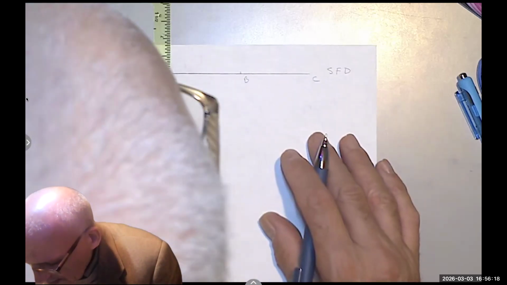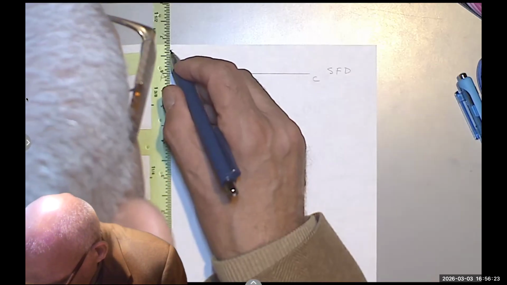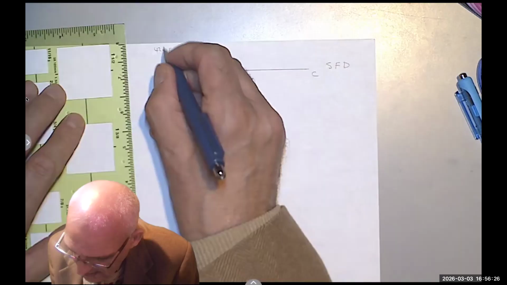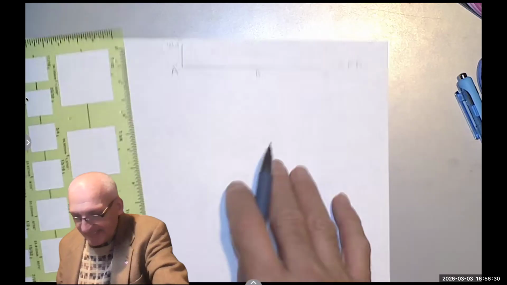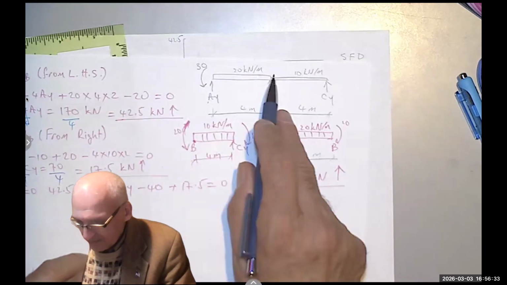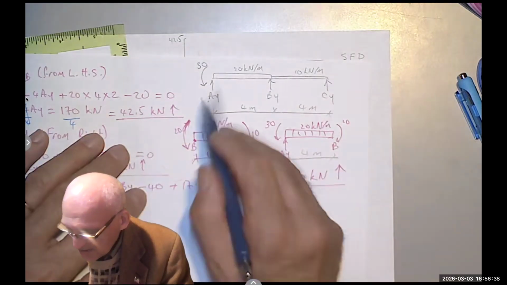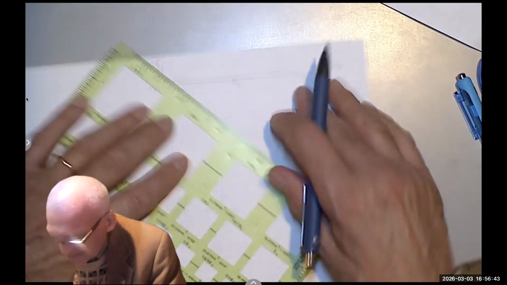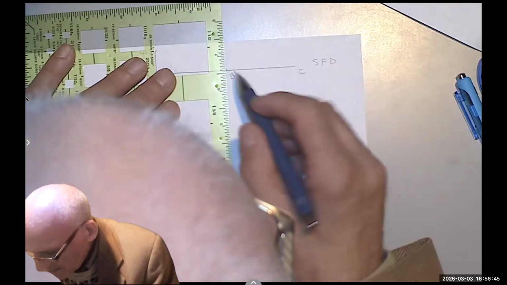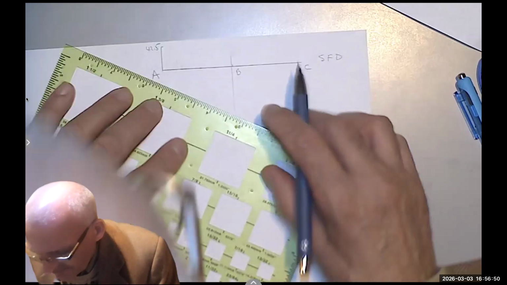So I will go up and assume this is 42.5, something like that. And then I'm going down, and it would be linear, 20 times 4 or 80. Meaning I will go down at B to 80, meaning 37.5. So it's roughly the same distance.